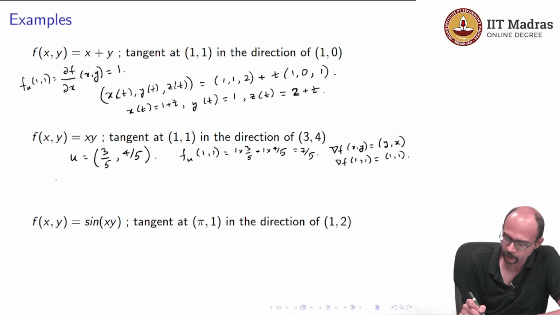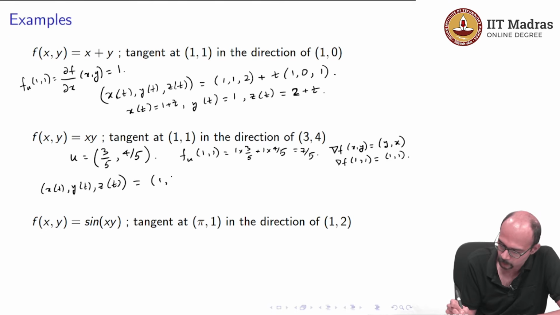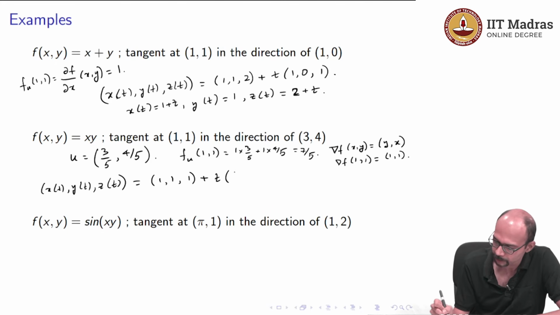Okay. So, now I can write down my equations. In the vector form, I get x t, y t, z t is the point, so 1 comma 1 comma f of the point, which is 1 again, because f of 1 comma 1 is 1, plus t times u 1 comma u 2, 3 by 5 comma 4 by 5 comma f u of 1 comma 1, which is 7 by 5.